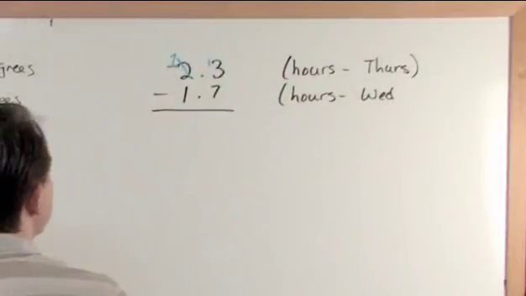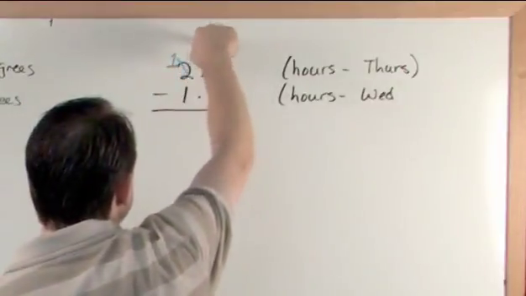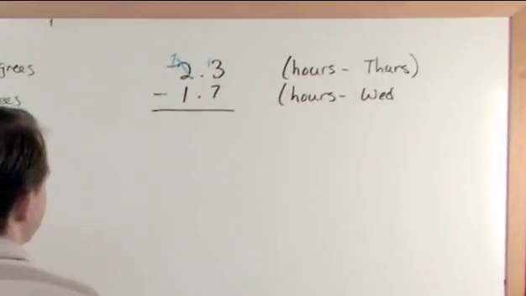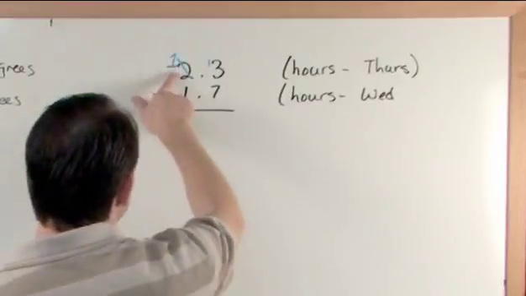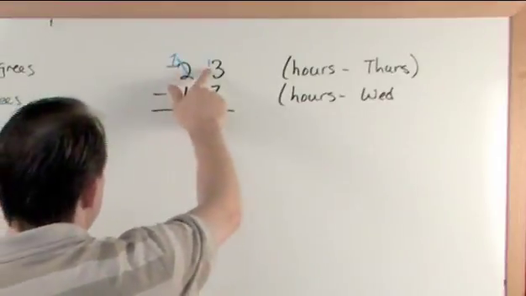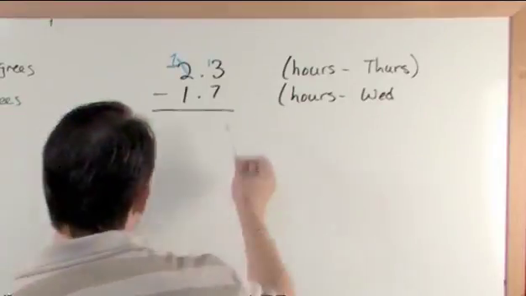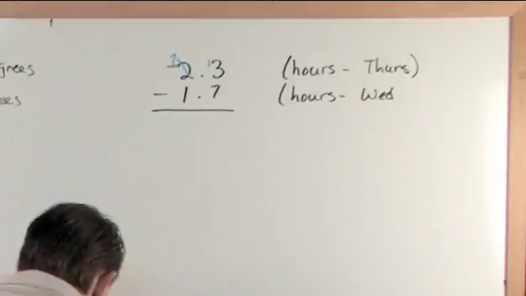Okay, so the 2 becomes a 1 because I'm borrowing, and I'm giving that 10 that I borrowed from here to the 3 there, making it a 13. So basically you subtract 1 here, make this a 1, and add it over here, making this a 13, is what you're doing, okay? So now you have 13 minus 7 instead of 3 minus 7, so that's doable, okay?